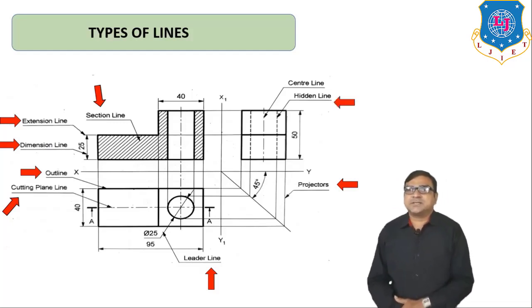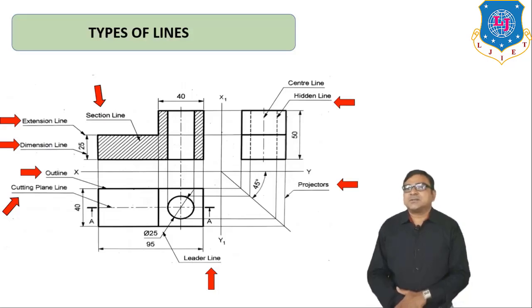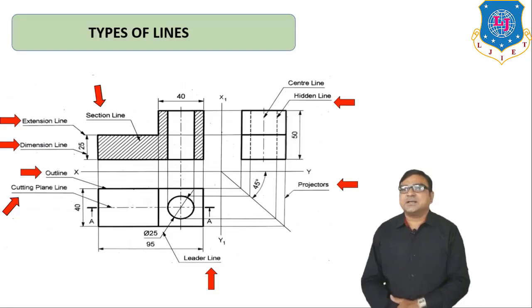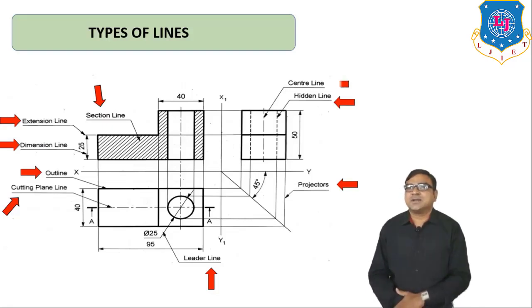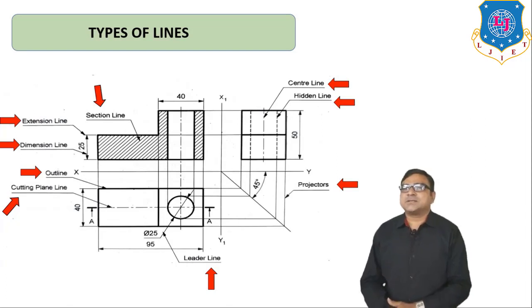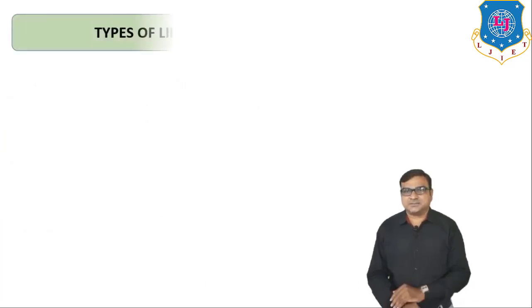In our object, if you want to represent the part which is hidden from viewing sides, those lines or that surface is represented as a dashed line, and the symmetrical object or the axis of the object is represented by the center line.